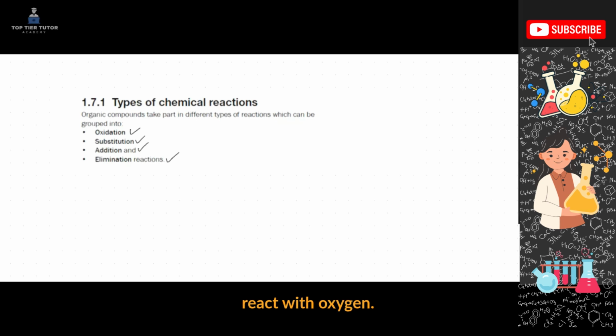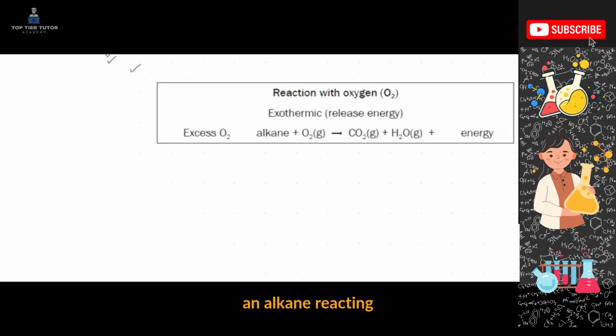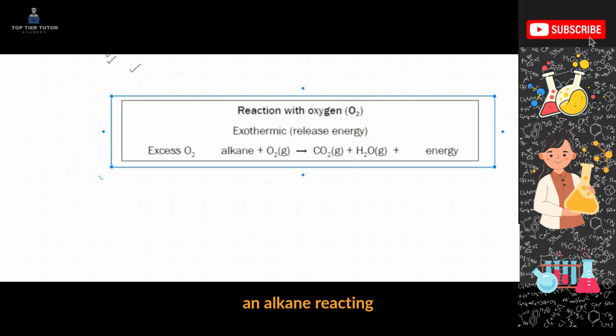with oxygen. So we can see here we will have an alkane reacting with excess oxygen. It's going to be in excess in terms of the number of moles required.